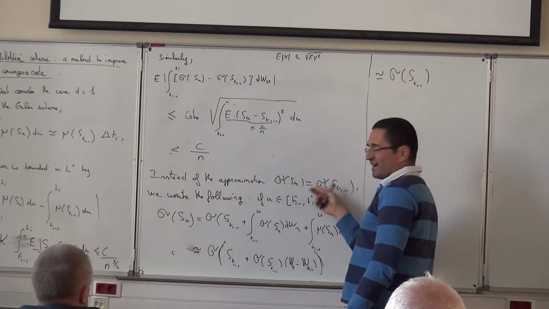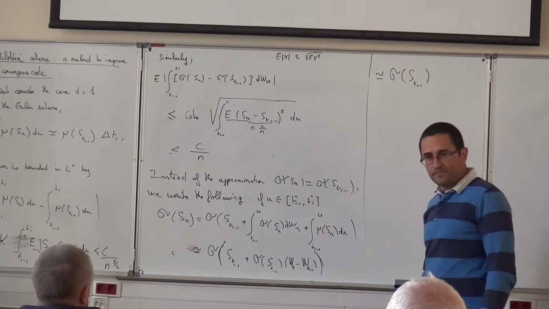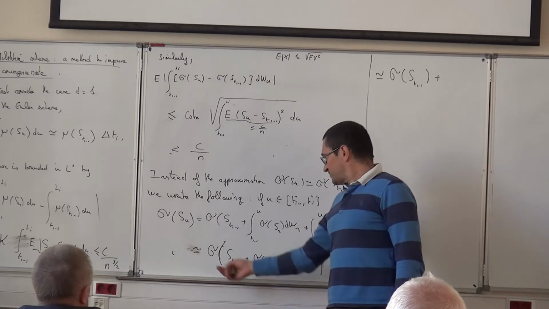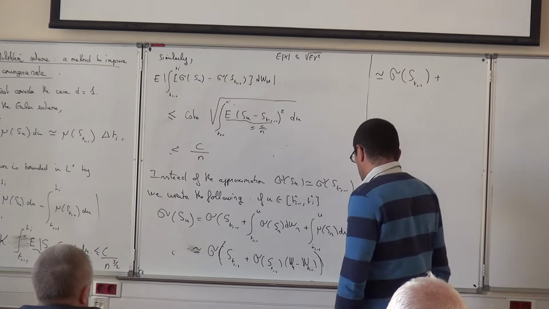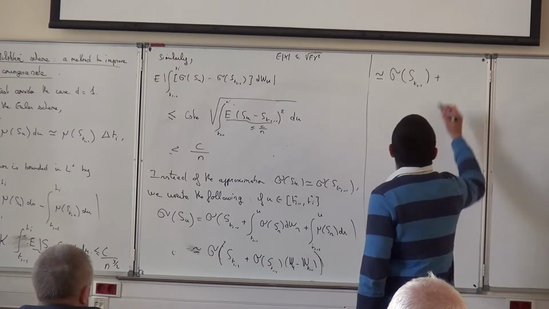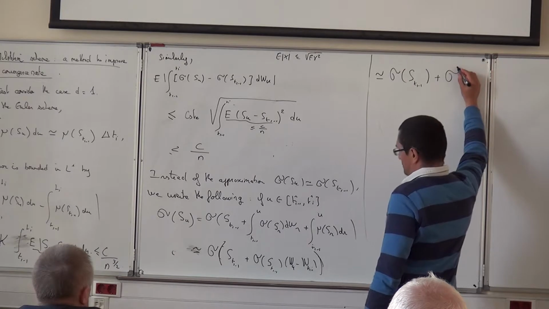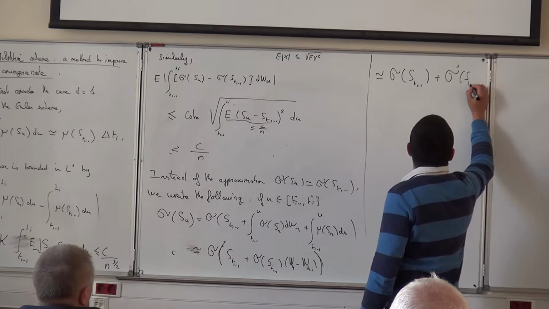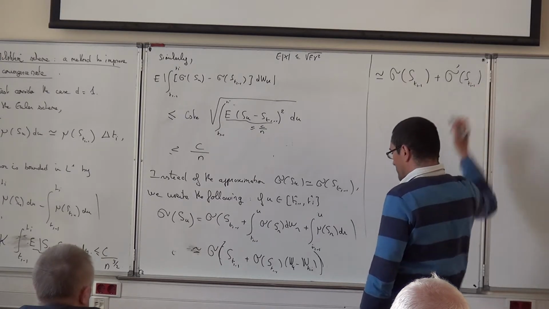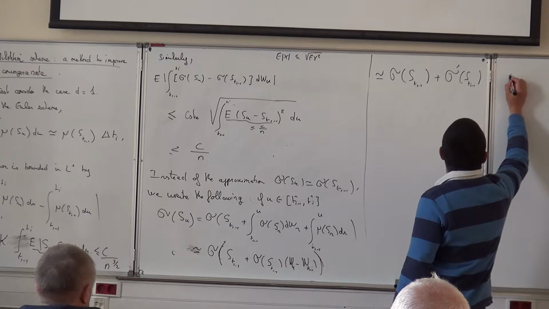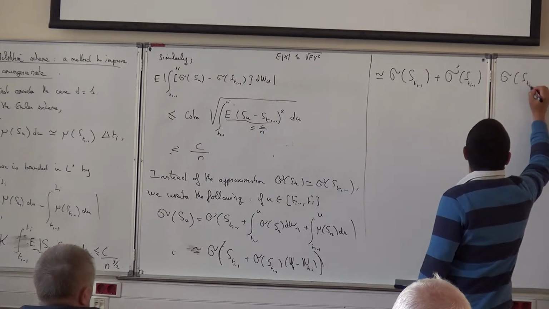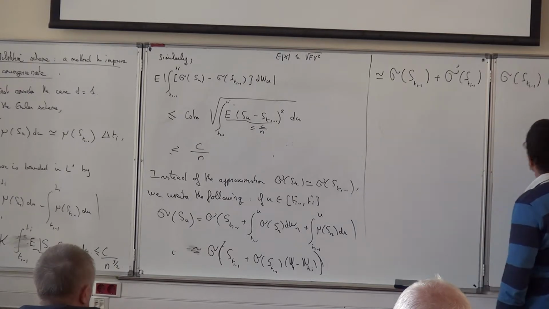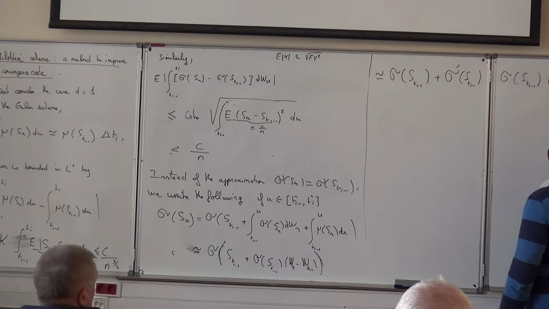This is a term you actually have in the Euler scheme, plus a second term, which is the first order term of the Taylor approximation, precisely sigma' of this initial point S_{T_{i-1}} times the increment, that is sigma(S_{T_{i-1}}) times (W - W_{T_{i-1}}).